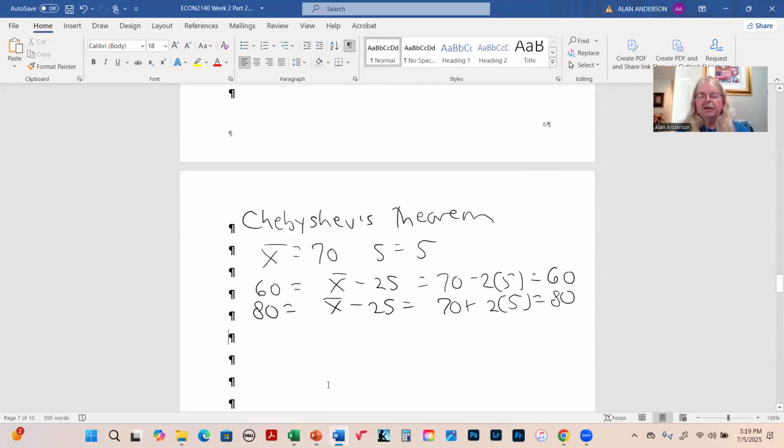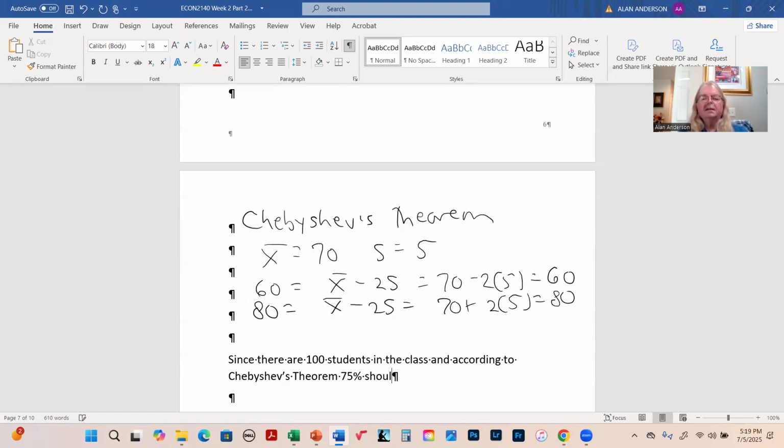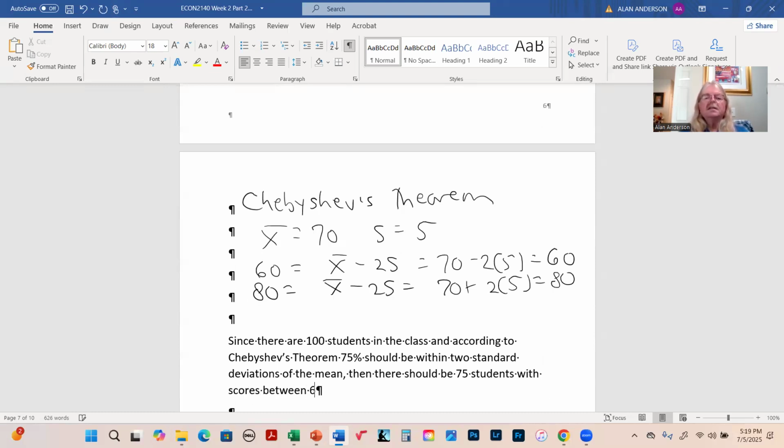And since there's 100 students in the class, and according to Chebyshev's theorem, 75% should be within two standard deviations of the mean, then there should be 75 students with scores between 60 and 80.